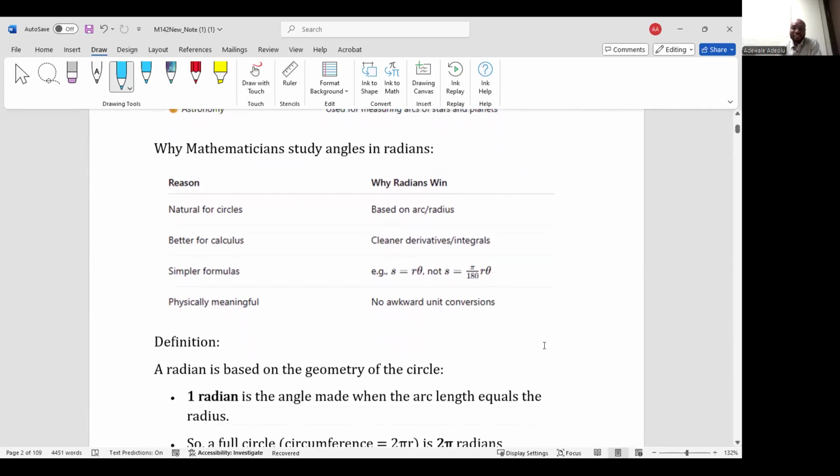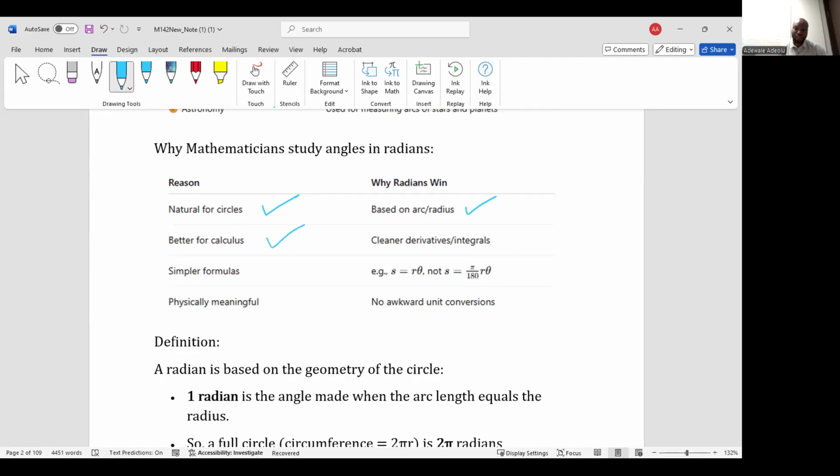So mathematicians studied the circle itself and they came up with angles in radians. These angles in radians are natural for circles, not based on assumptions, not based on base 60 counting or the calendar of the year. So they studied the circle itself. So the radian is based on the arc of the circle or the radius of the circle.